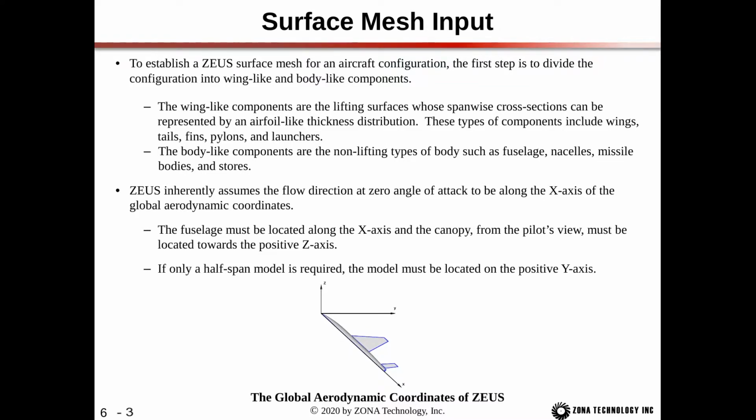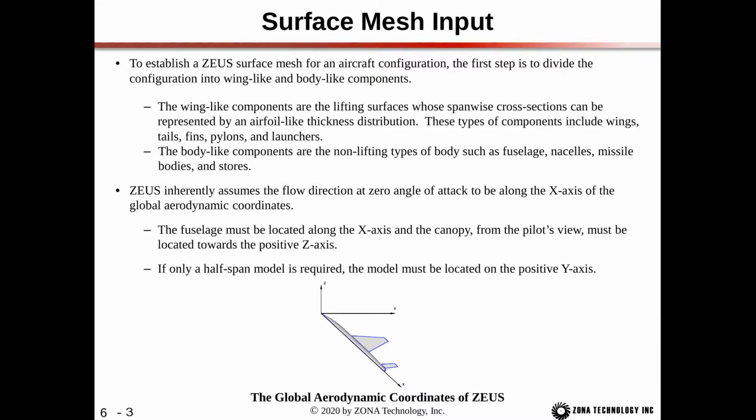ZEUS inherently assumes the flow direction at 0-degree angle of attack to be along the x-axis of the global aerodynamic coordinates. That is, the flow flows along the x-axis. So the fuselage must be located along the x-axis, and the canopy from the pilot's point of view must be located towards the positive z-axis.